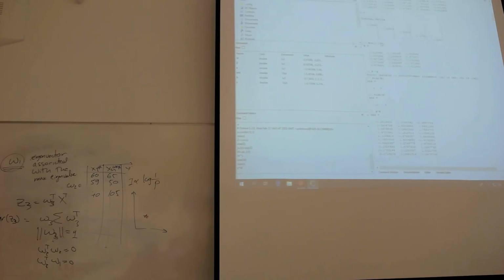Sometimes, let us check this. What happens if I take the same X, but I repeat the first vector in the data? So now I take X capital equal to X, which is 10 by 5, but I repeat the first one in the data.